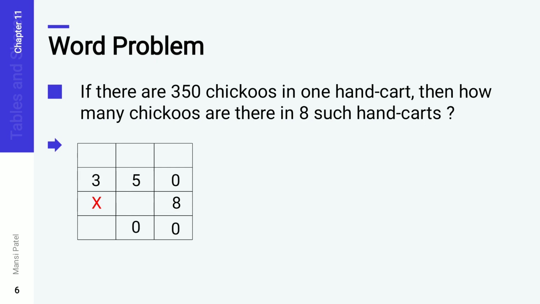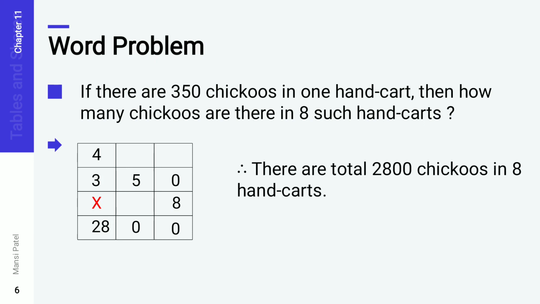So 0, 4 on the carry. Now 8 3s are 24. 24 plus 4, 28. So we can say that there are total 2800 chikkus in 8 hand carts.